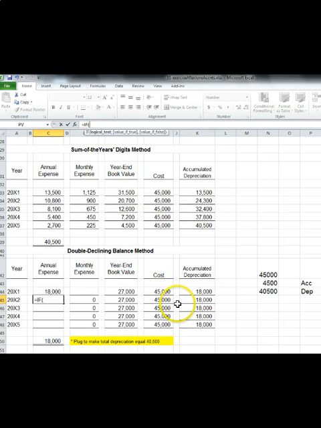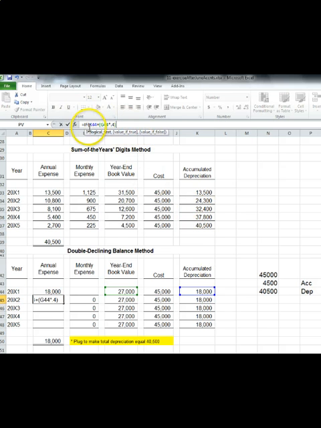And so I want to compare, here we had this beginning accumulated depreciation, and then I'm going to add to that what year two's depreciation would be. Well, year two's depreciation is really taking beginning book value times 40%. I need to go in and put some parentheses in.